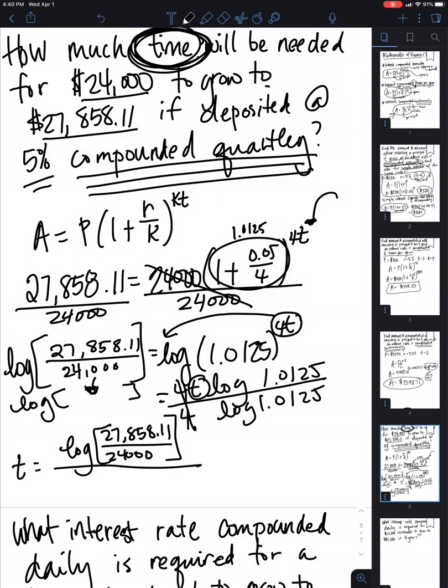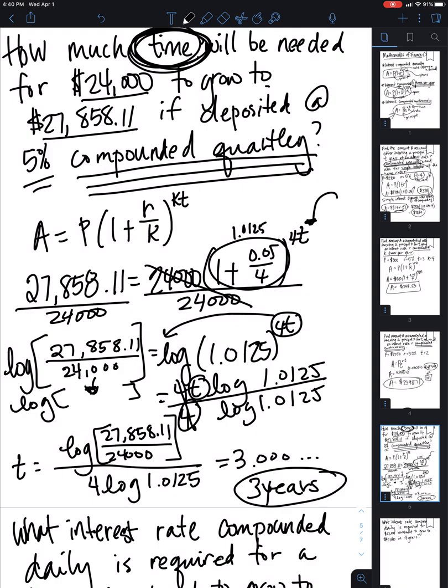And I'm dividing it by 4. See, that's where the 4 came from. Log 1.0125. Okay, and if you don't round, you should get exactly 3.000, blah, blah, blah. So 3 years is your answer.